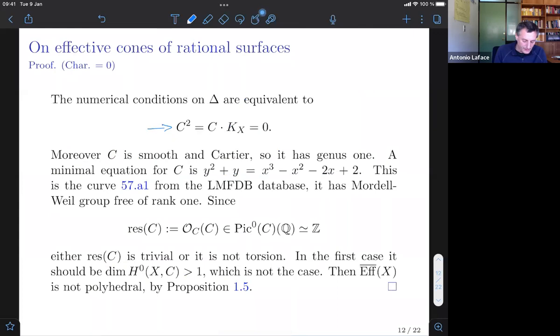Here is a minimal equation, and you can find this curve in the John Cremona database.